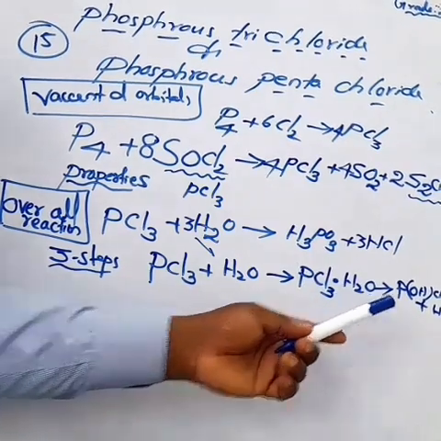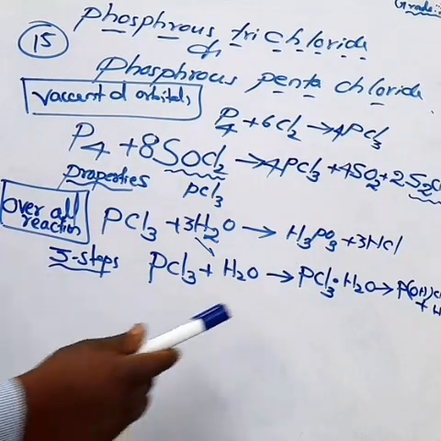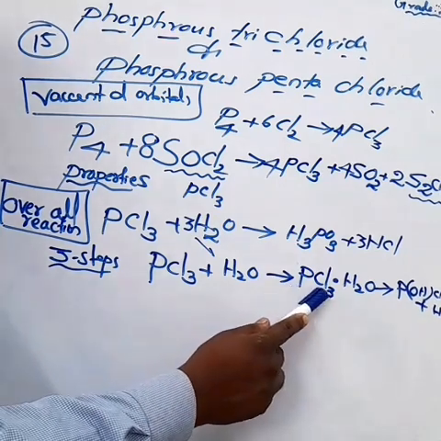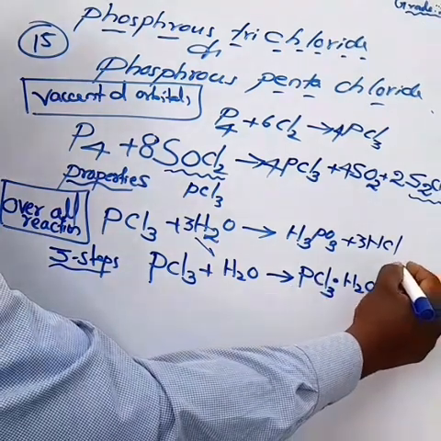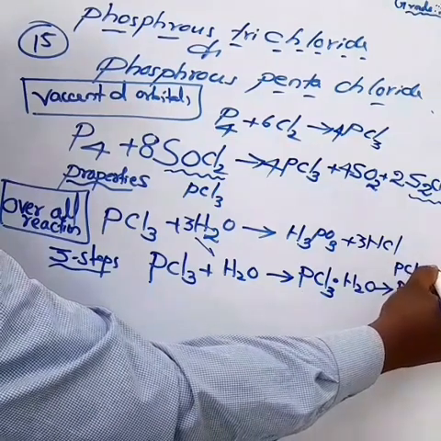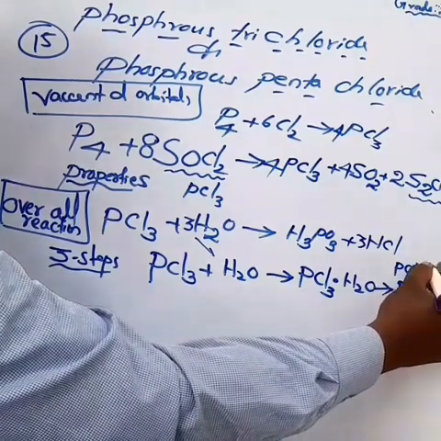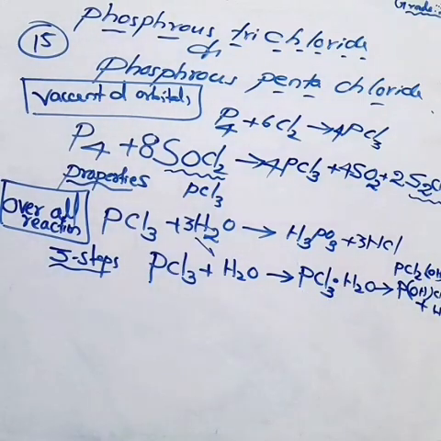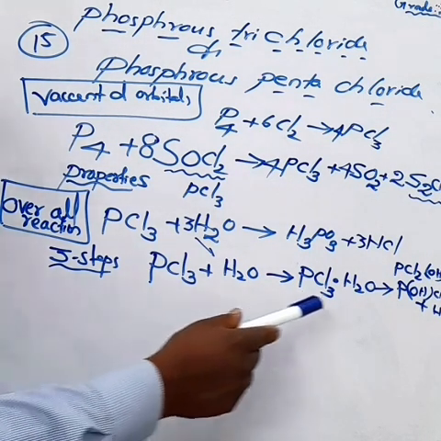Next, what is the remaining product? That is PCl2OH, am I right? Otherwise we can write POHCl2. Here, leaving one hydrogen, where the hydrogen combines with the chlorine to form HCl.